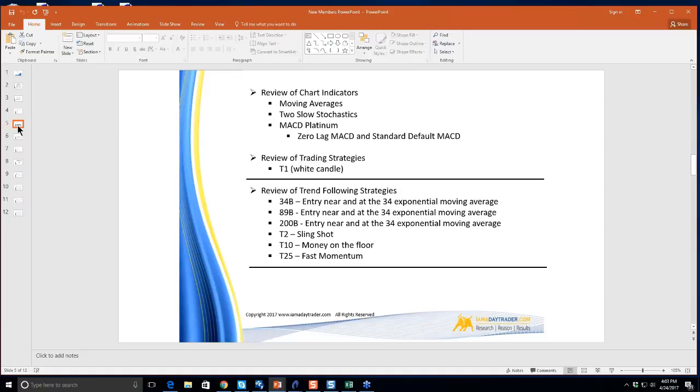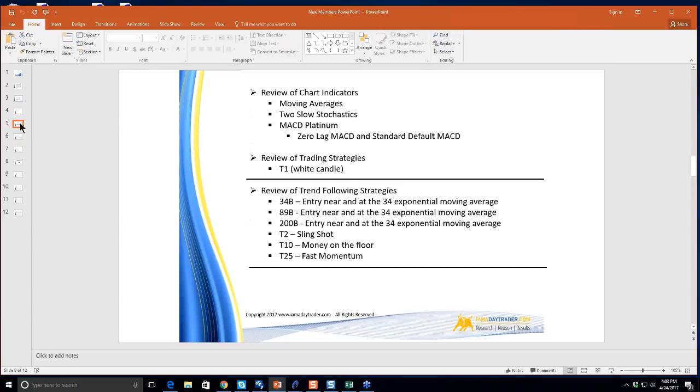And then an MACD, what Ray calls the Platinum, and I'll talk about the difference between the standard MACD and his MACD Platinum, which is a 0 lag MACD. And then at the end of this session, we're going to be talking about the T1 candle, and what's that white candle, and we'll talk about how that is created.